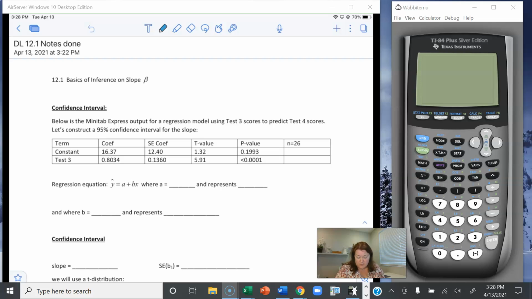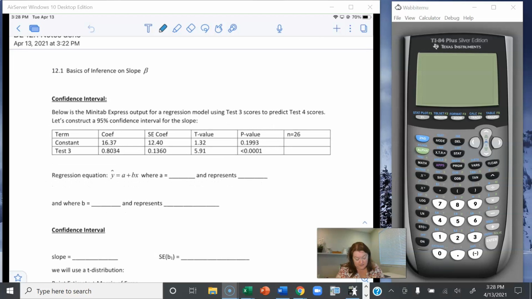What we remember about our best fit line is that the regression equation is y hat equals a plus bx, where b is the slope. That means the first line has everything to do with a and the second line has everything to do with b. If I'm looking at slope, then I am really looking at this number right here.